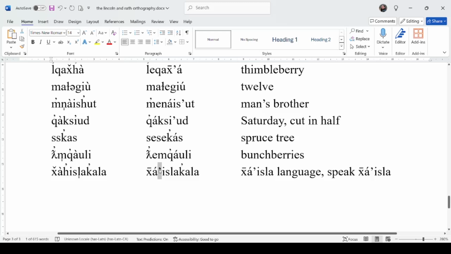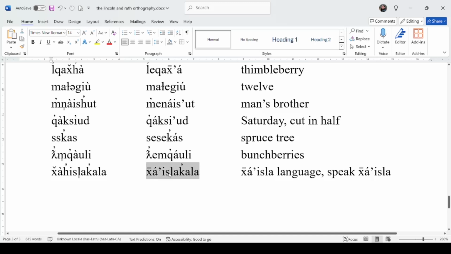So basically this apostrophe is meant to break up this A and this I, because A and I together under normal circumstances would say eh. But it's not hes-la-kyala, so we need to break it up visually. So we have this A and then an apostrophe and an I. So this is meant to be read as ah and then E.